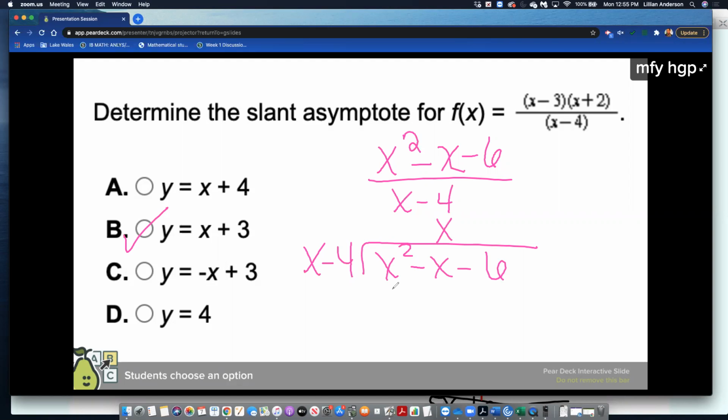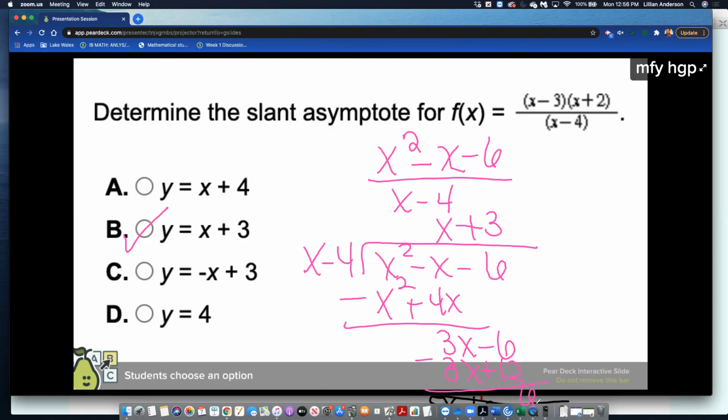That'll be an x squared minus 4x. Change your signs. Be 3x minus 6. This will be a +3. Multiply. I'm only doing it this way just to harp on long division. So yes, it was y equals x plus 3.